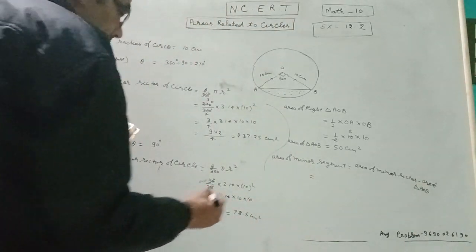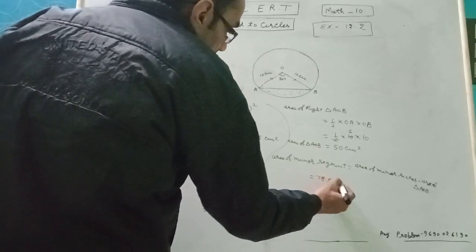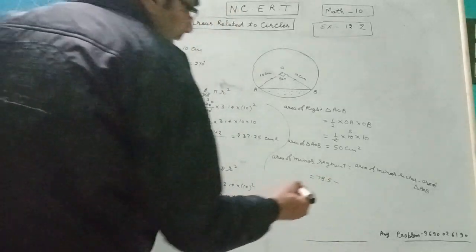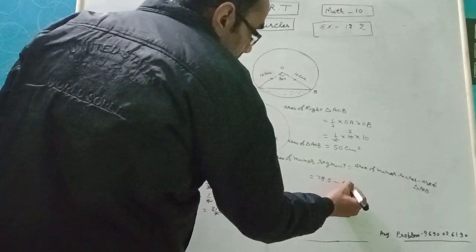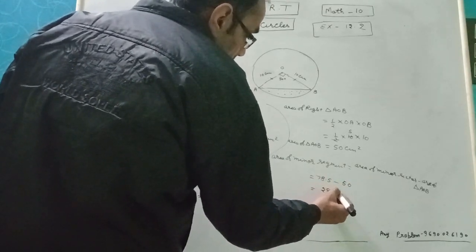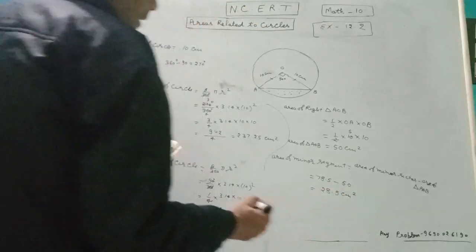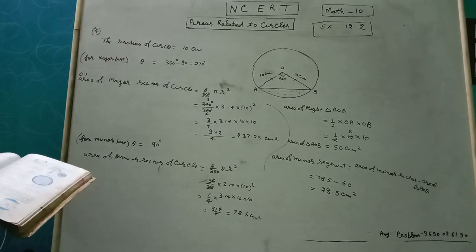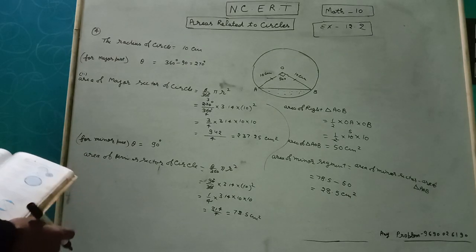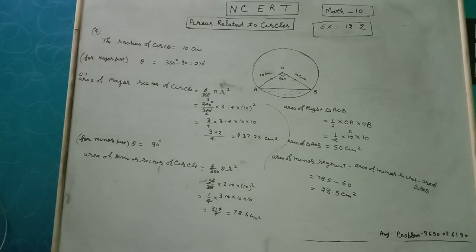Then we have 78.5, the area of the sector, minus 50. After subtracting, 28.5 cm square is the area of the minor segment. Question number 4 is complete. Thank you.